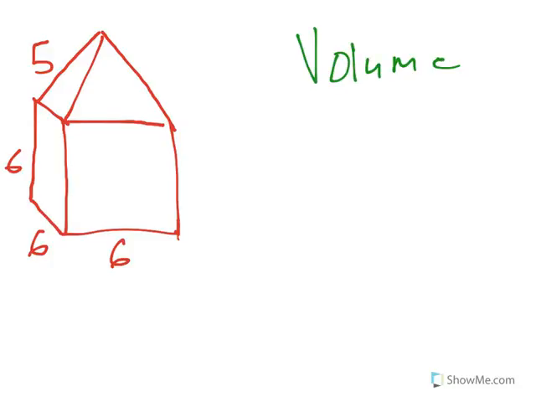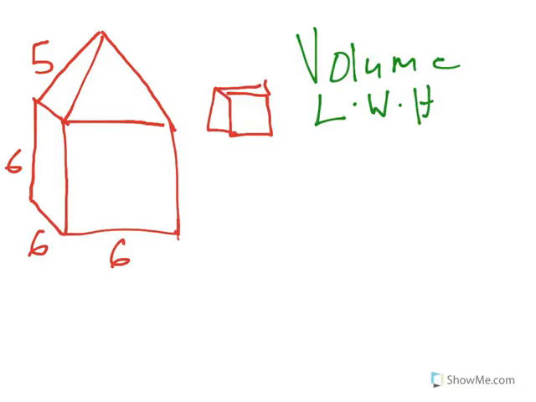And the easiest way to do this is to break it up into two different solids. So first you take the cube, and the equation for the volume of a cube is length times width times height.